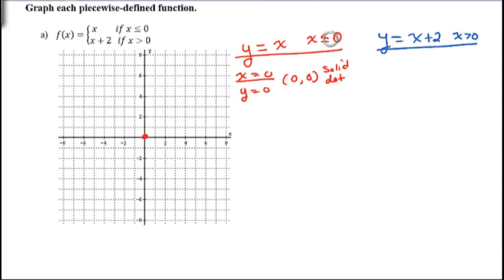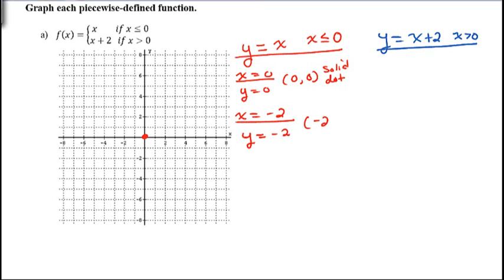Then you pick your x values according to this interval. This says x has to be less than 0, so we want to pick something less than 0. You can pick whatever you want, negative 10, negative 5. I would pick something that's going to fit on the graph, of course. So I'm going to pick x equal to negative 2. You can pick any number you want as long as it's less than 0 according to this interval. If x is equal to negative 2, then y is equal to negative 2 because y equals x for this piece.